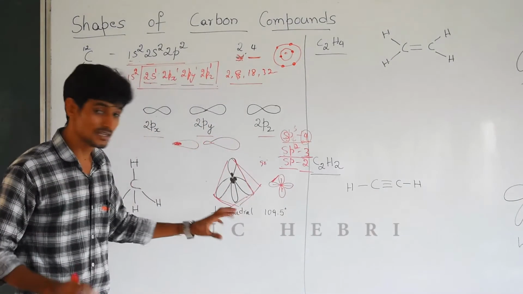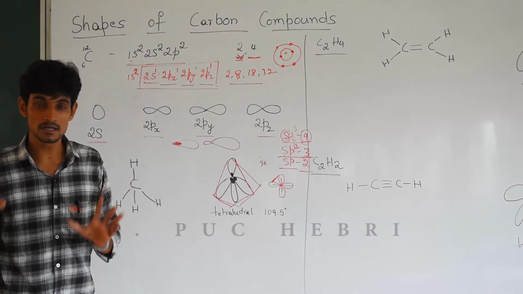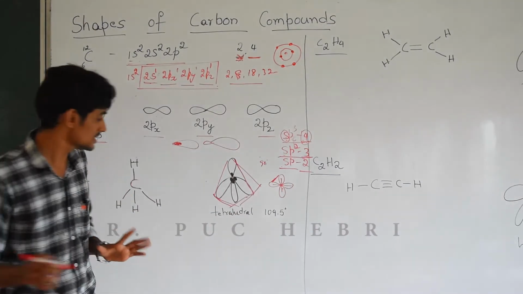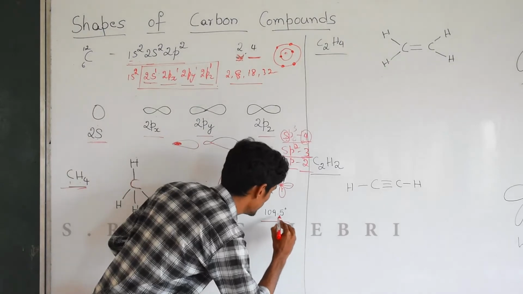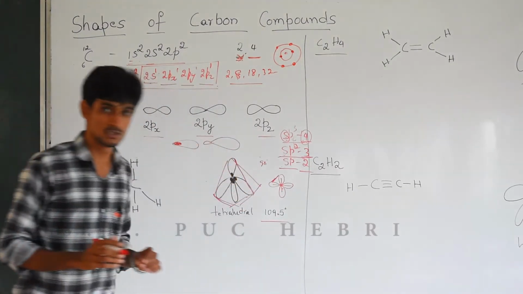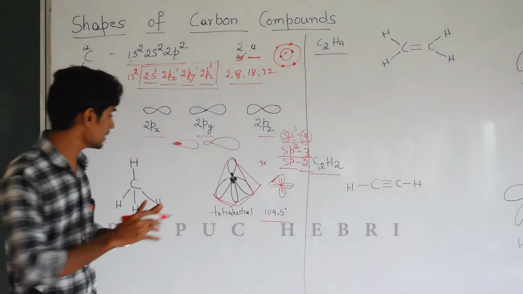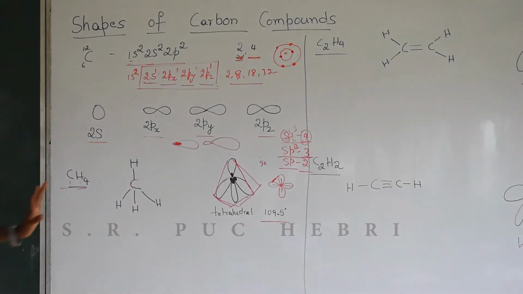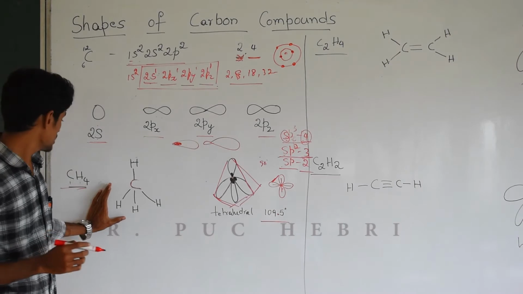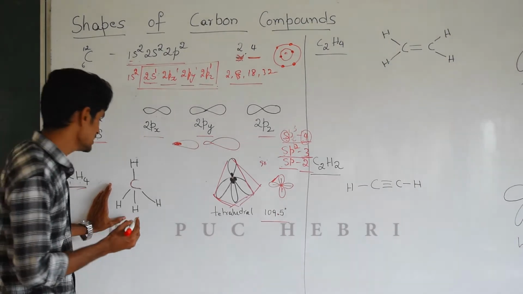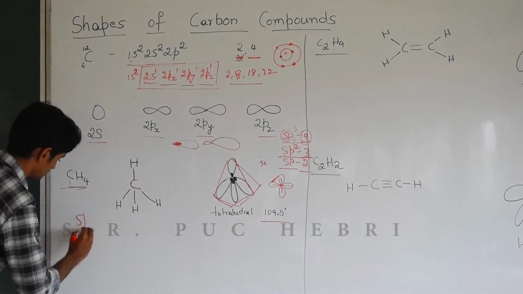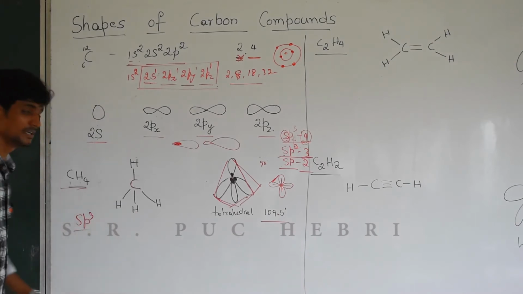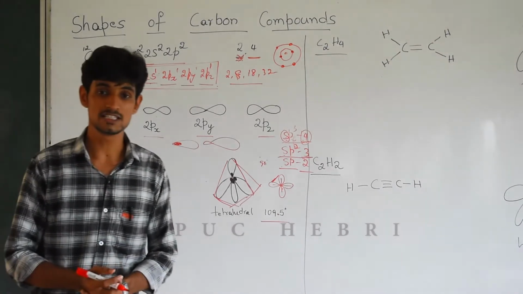But in this case, as they are in three-dimensional space, the bond angle is 109.5 degrees. So they are present at very different places. Now in the case of methane, the hybridization is sp3.